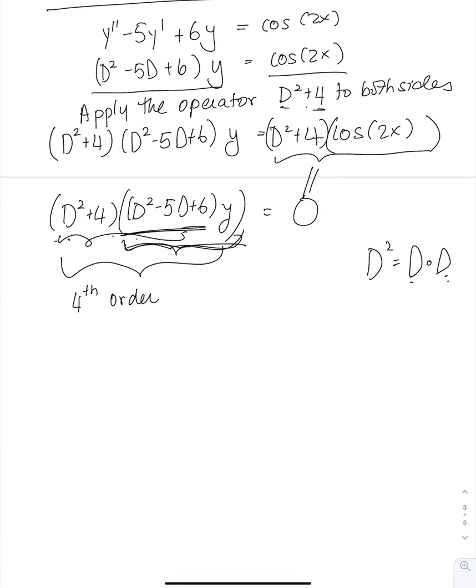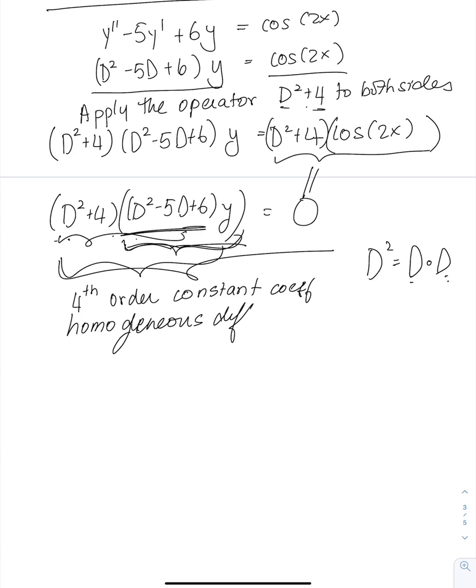So what this actually will turn out to be is a fourth order constant coefficient homogeneous differential equation. Okay, and do you know what the characteristic polynomial of this is? Well, we've already seen the characteristic polynomial always matches the operator.